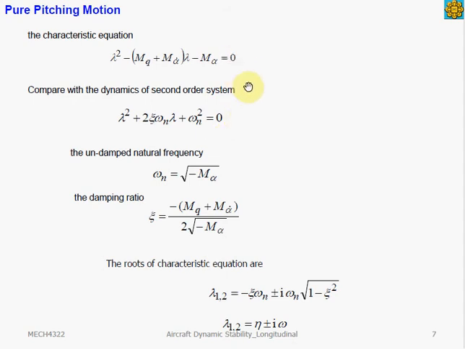From the comparison, we can deduce that the natural frequency is affected by the M alpha stability derivative, while the damping ratio is affected by these terms. When the values of the natural frequency and the damping ratio have been computed, we can compute the roots of our pitching motion equation using this equation.